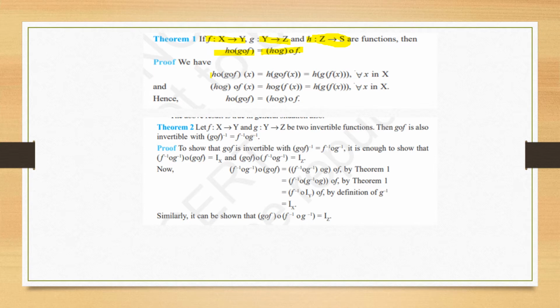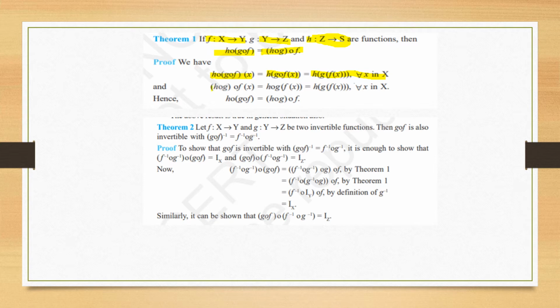So let us start with ((h∘g)∘f)(x). Take an element x. I will open the outer composition first, so it will be (h∘g)(f(x)).